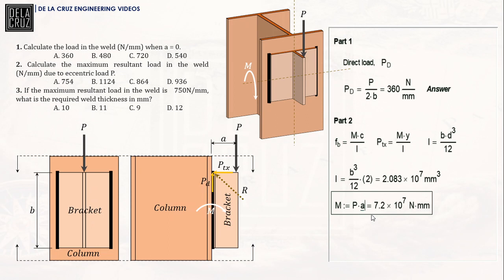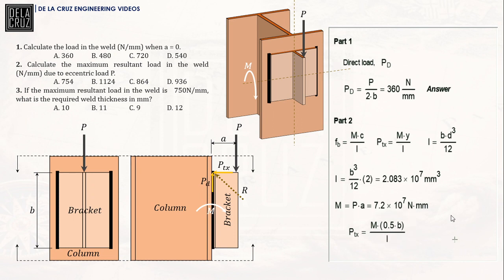Therefore, our PTX is equivalent to, copy this formula. What will the Y be, by the way? The Y there would be the distance from the neutral axis to the critical point. So that is half of B, 0.5 of B, divided by the inertia we have.